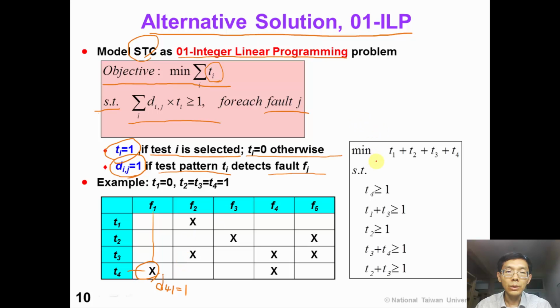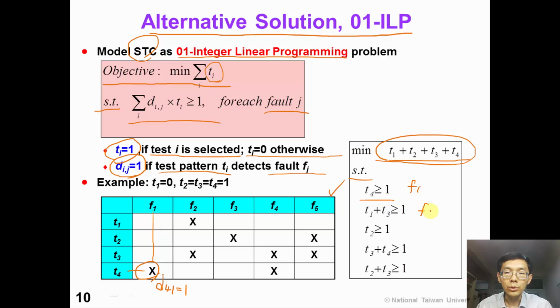In the 0-1 linear programming, for this particular covering table, we can write the objective function as the summation of T1 plus T2 plus T3 plus T4. We want to minimize this objective function, subject to the following constraints. For F1, T4 must be selected.